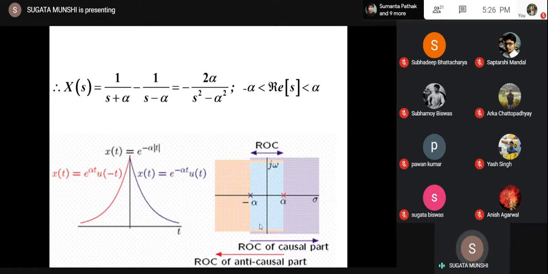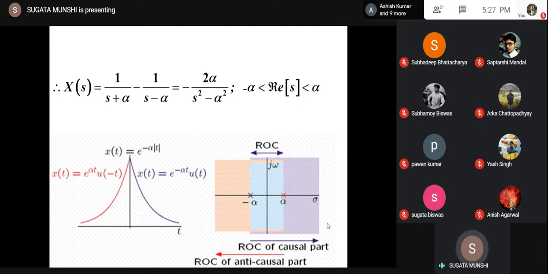In the same figure, you can easily find that if it is a causal signal of infinite width, then the ROC will extend in the rightward direction up to plus infinity.